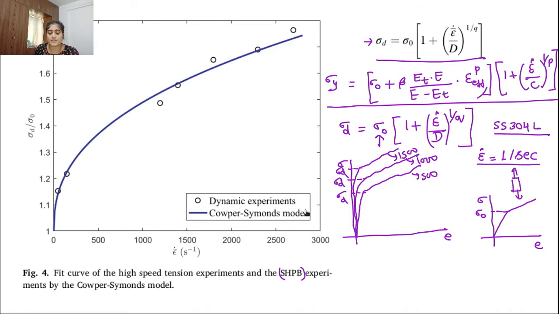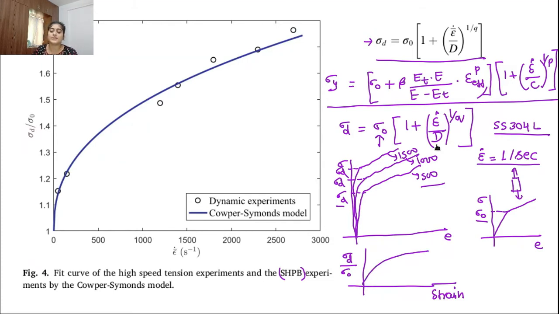Here they have taken the dynamic yield stress divided by the static yield stress, and you can plot the graph between sigma D over sigma naught versus strain rate. They found the graph is like this.